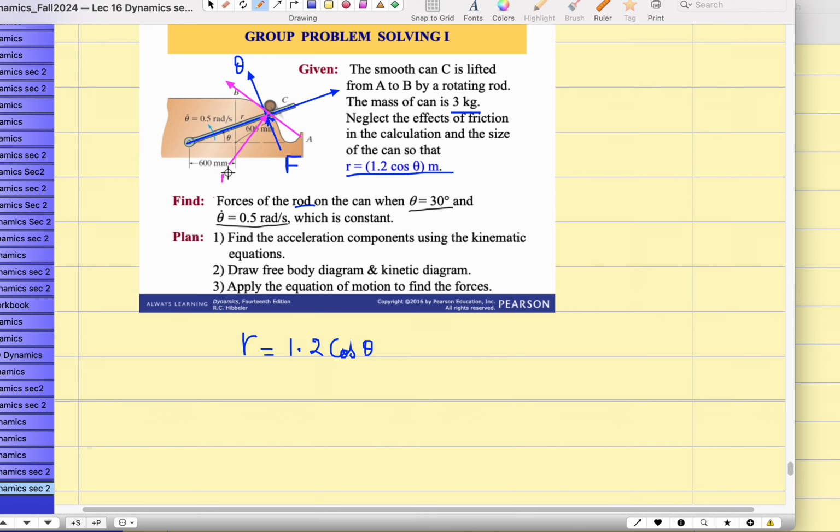This is the normal force, because there is a support from the path which is supporting this can. This is the tangent unit vector and this is the normal unit vector.